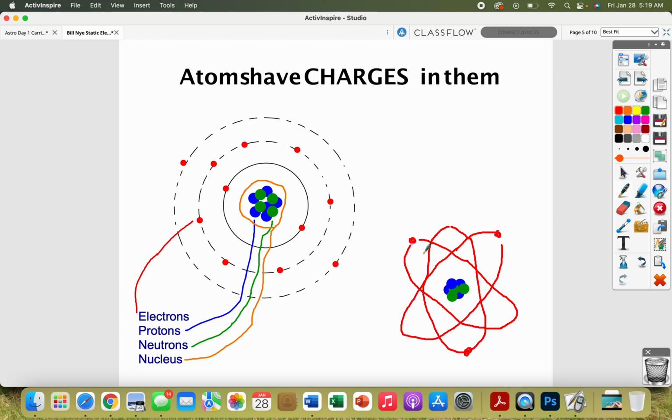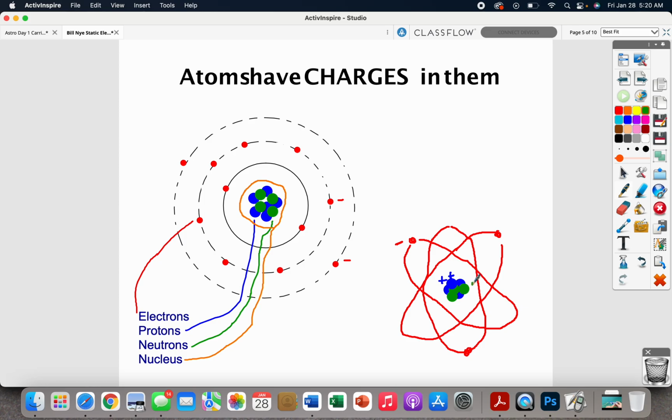But these pictures are not different. We still have the nucleus, we still have the electrons orbiting, we still have protons, neutrons, electrons. So whichever model you have, this works well for us. One thing we need to remember is that electrons are negative and on the outside, protons are positive and on the inside, and neutrons are neutral, but they're also on the inside.